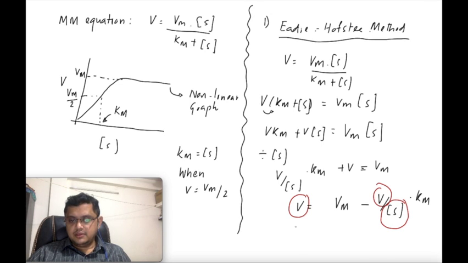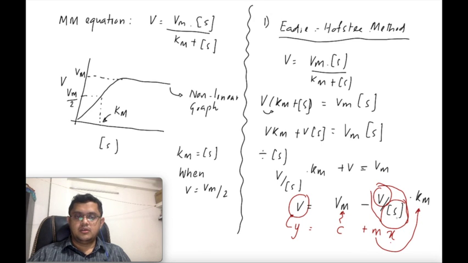So you can see this is like a straight line equation, y is equal to mx plus c. What is c? c is Vm, whereas y is V, and x is V by S, and minus Km is your slope.